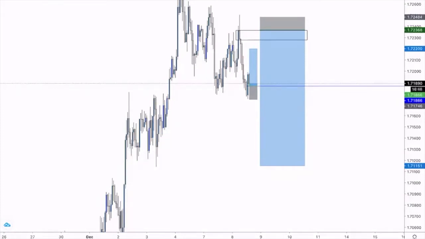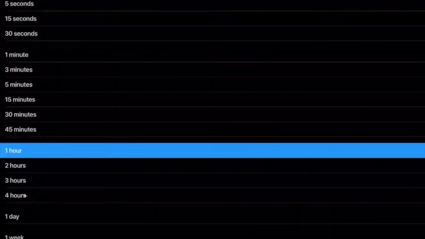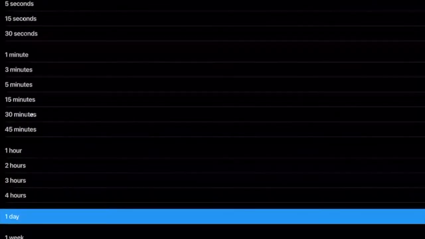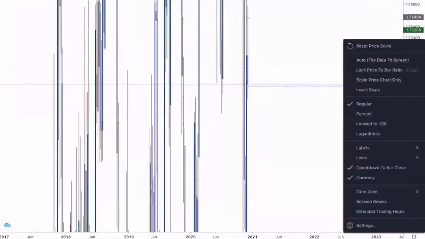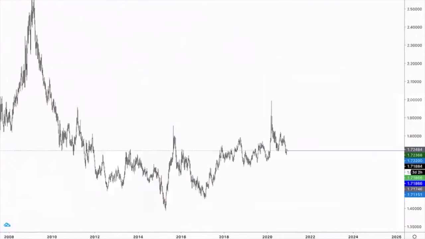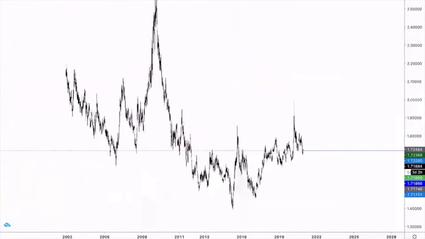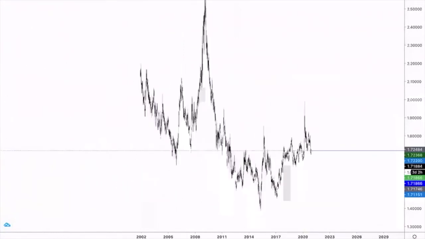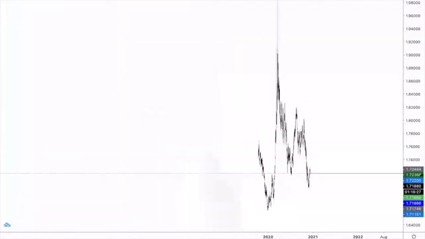So for instance, if we're just looking at this pair that's on my screen, we can see that the overall directional bias, you could say, is downwards. I mean, in a sense, let me look at daily.